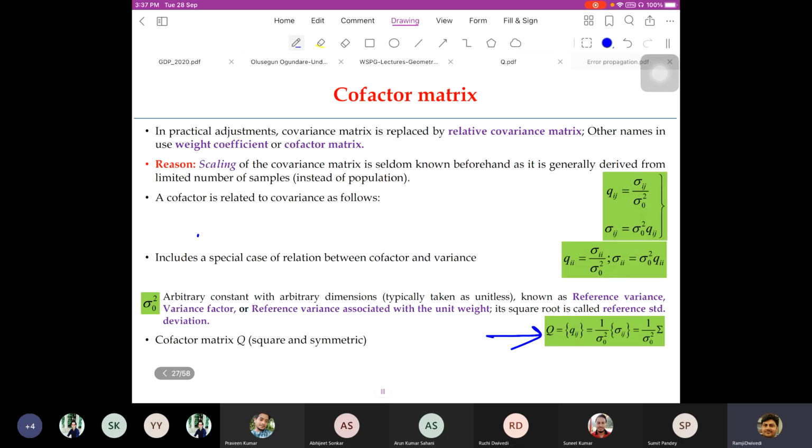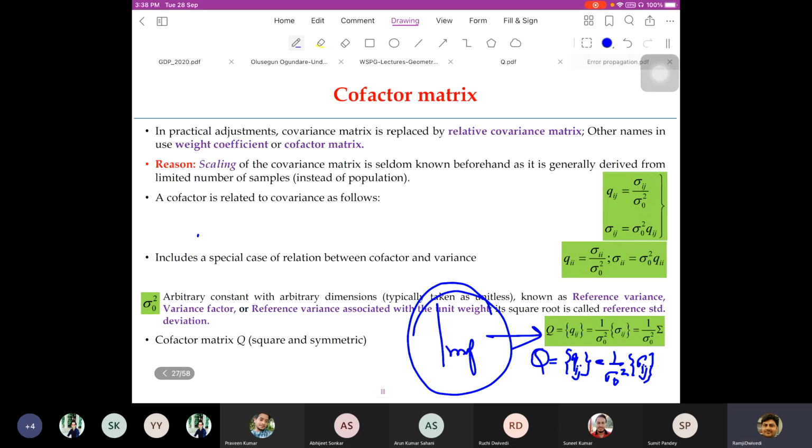It is written as Q, which is nothing but the curly bracket that represents the matrix of values at different locations, and it is 1 by sigma naught square times sigma ij. That's how it is related. It's very important. You cannot ignore this. I hope it is clear.